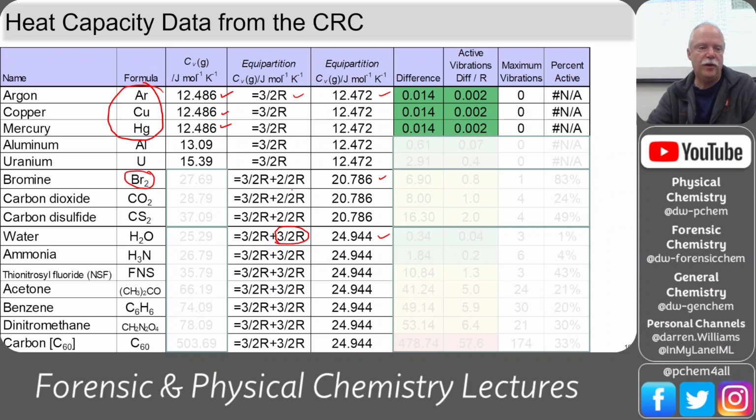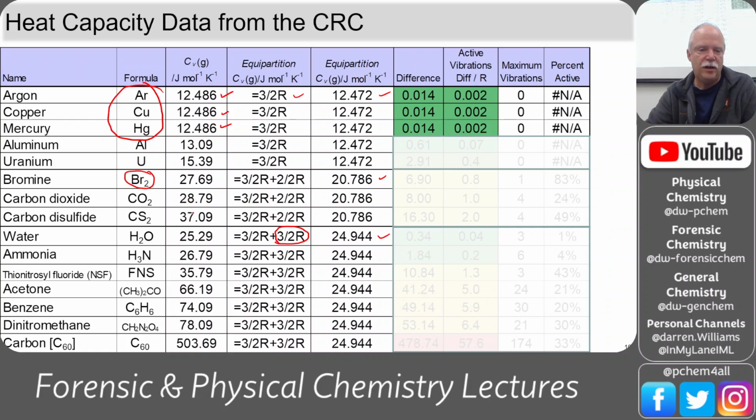For the diatomics, it's pretty good, but these are some pretty large atoms, especially sulfur and bromine. These are coming in higher than the equipartition value, so there must be some vibrational excitation taking place in those molecules.